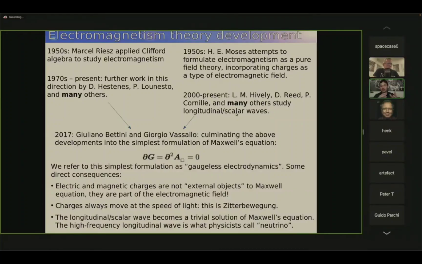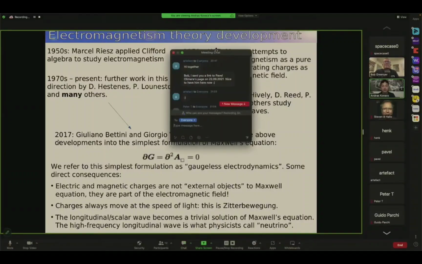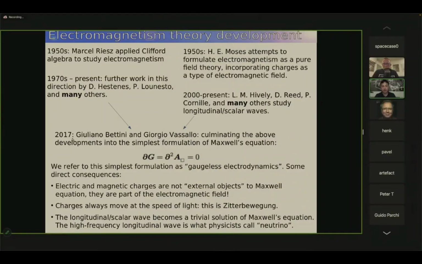The complicated way makes Maxwell's equations more complicated with extra objects. The simple way makes them simpler. And all of these developments, I believe, culminated around 2017. Two Italian gentlemen, Giuliano Bettini and my co-author Giorgio Vassallo, developed the simplest formulation of Maxwell's equation that you can see here on the screen. And they developed this formulation using all of the above-mentioned trends.